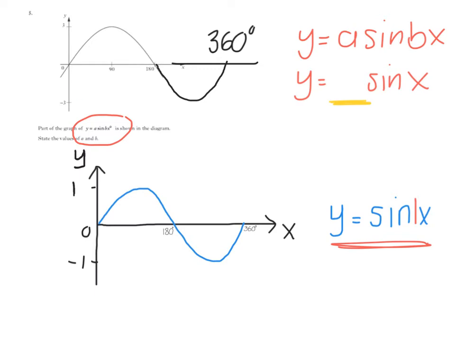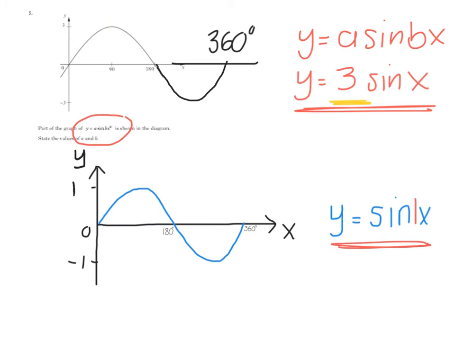This suggests then that our original y equals sine x graph has been multiplied by 3, so that makes our other unknown value a equal to 3. So our graph is y equals 3 sine x. That's the equation of the graph here.